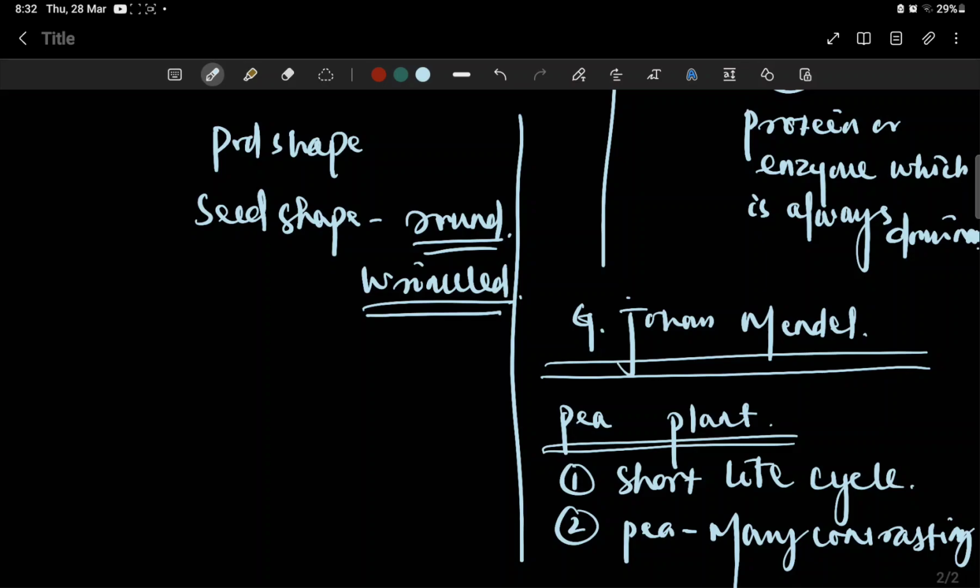Now there are 7 characters which Gregor Johann Mendel found in the pea plant. He experimented with the 7 contrasting characters of the pea plant.